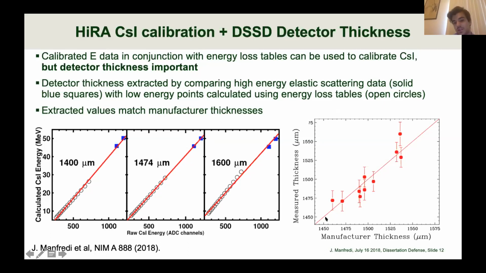And on the right, you can see here that actually what we measure corresponds quite closely with what the manufacturer measured. So this is the measured thickness on the y-axis and manufacturer nominal thickness on the x-axis. Which is nice, but you can see how much they differ from the assumed 1500 microns. Anyways, back to the experiment.